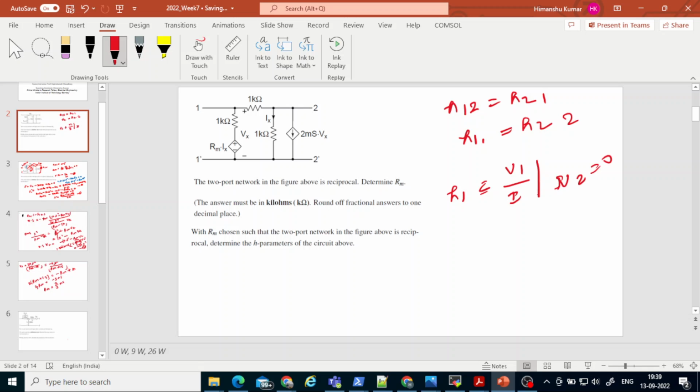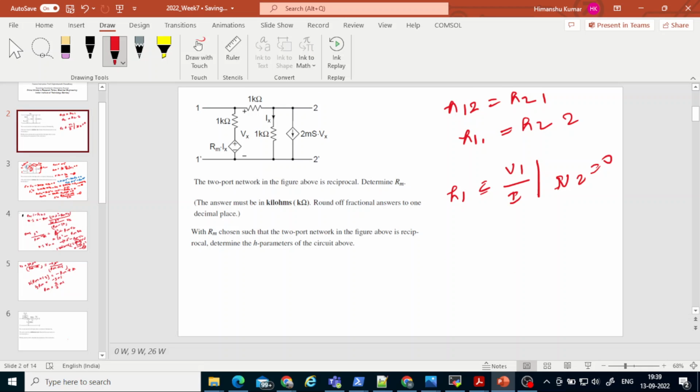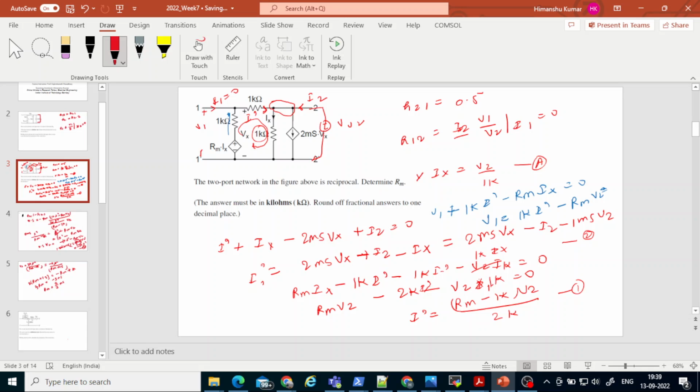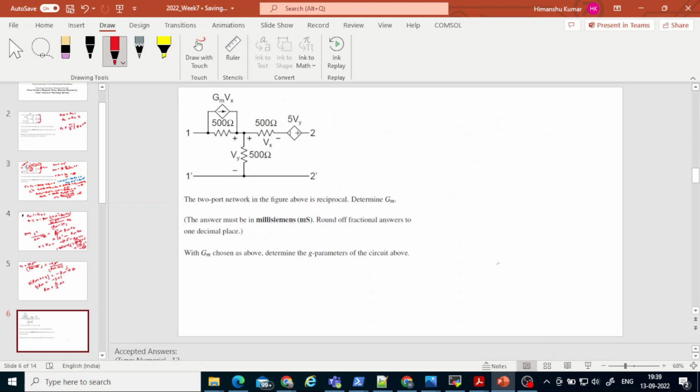Okay, so now when we solve this for the first equation, for this short-circuit case, we need to find what is V1 by I1. We need to solve it again.